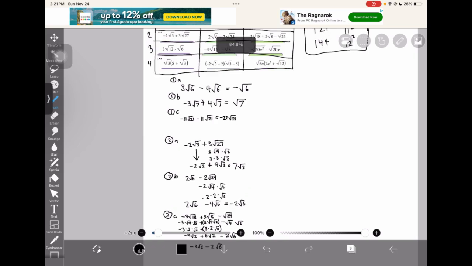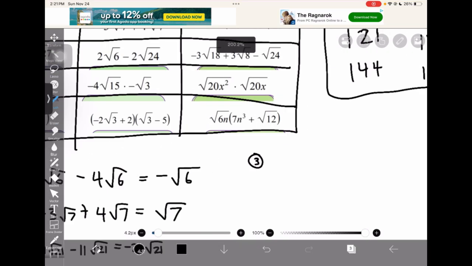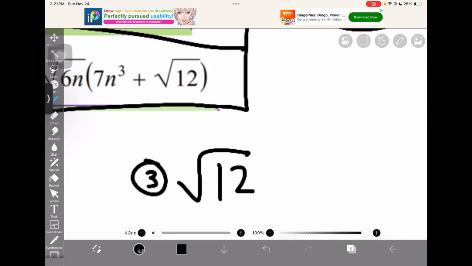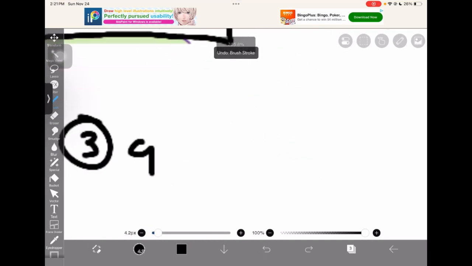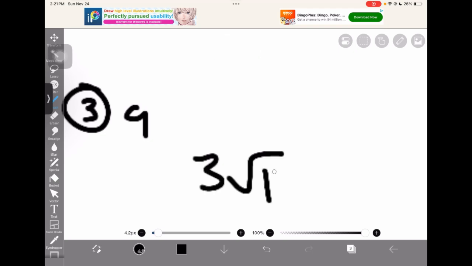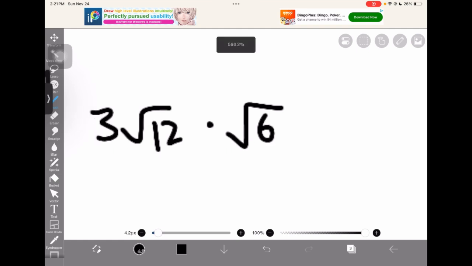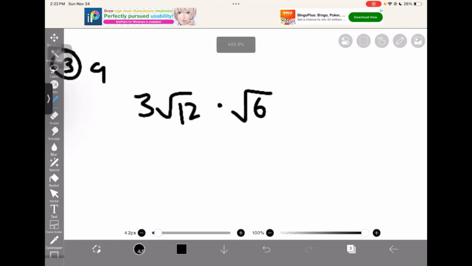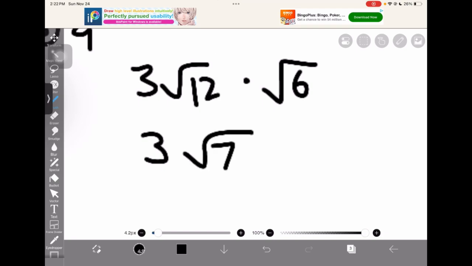So let's do number 3 now. 3 square root of 12, then multiply by square root of 6. Now just multiply these two to get 3 square root of 72.